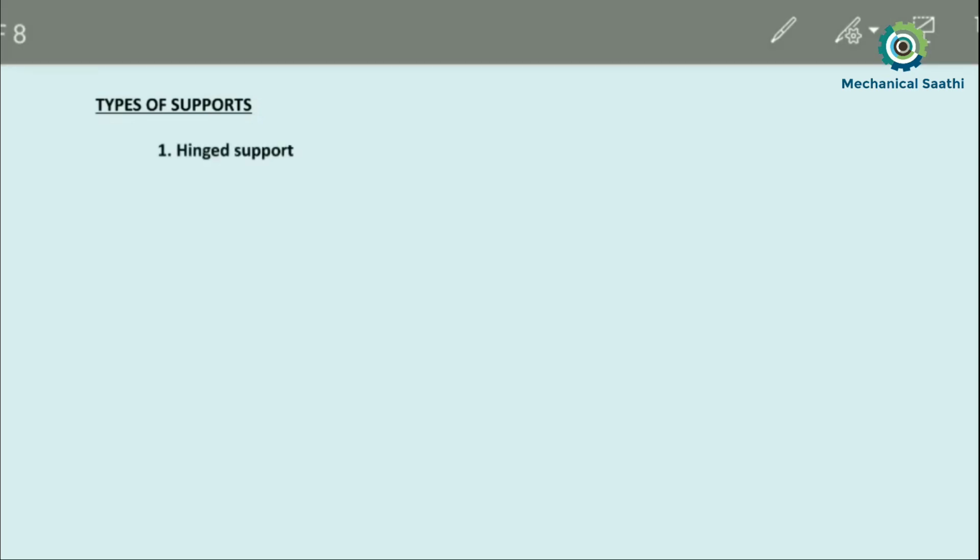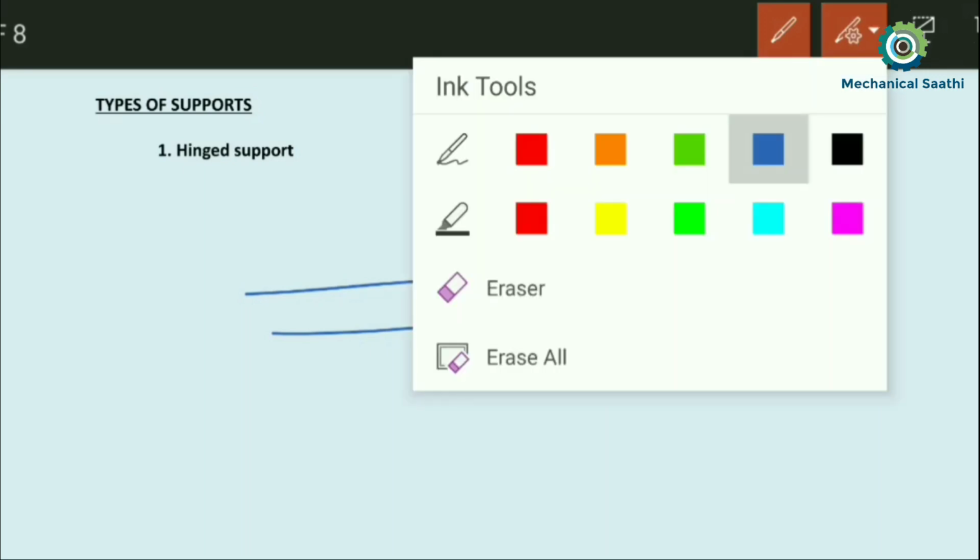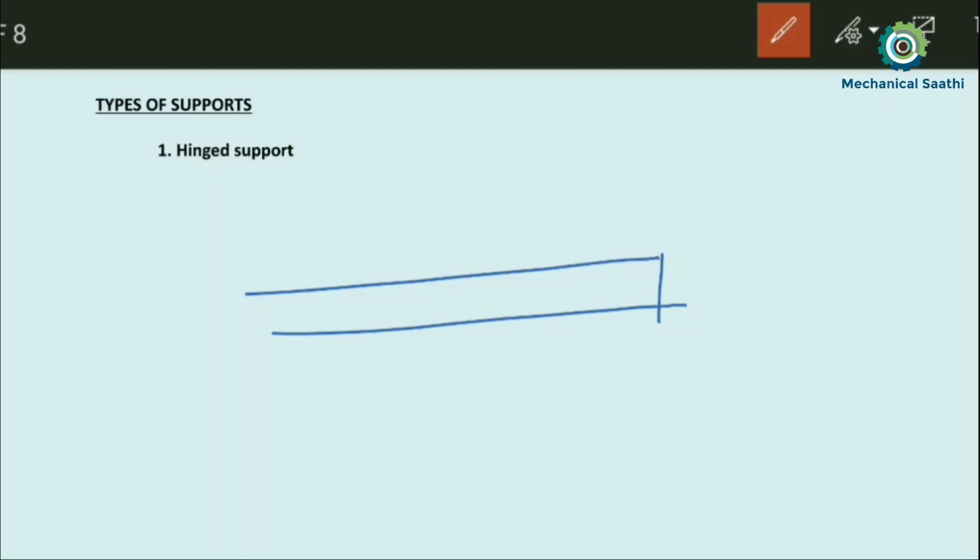The first type is the hinge support. Let me draw a structural member, and this is the support, and the member is connected to it. This we can call a hinge support.